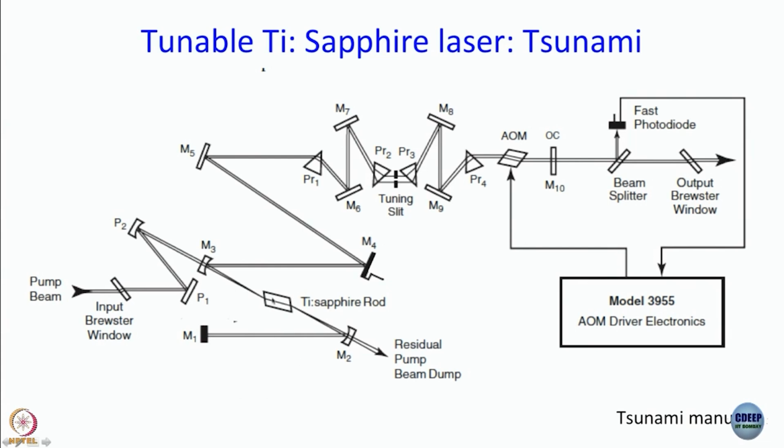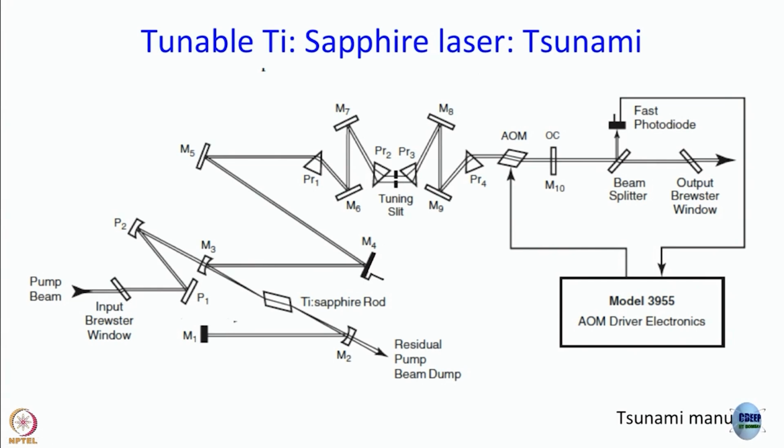Then from there it goes through M3, M4, which is a plane mirror, M5, which is a plane mirror, and then it goes through what we have discussed already, 2 pairs of prisms. What is the job of 2 pairs of prisms? GVD compensation, and this here is the tuning slit in the portion where the beam is collinear.